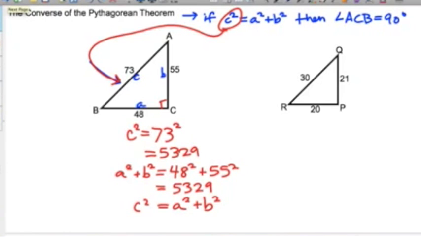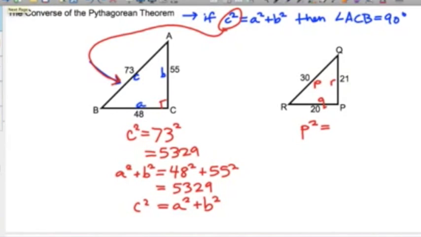Here we go. 30, 21, and 20. So what I'm going to do is label side P as 30, side Q as 20, and side R as 21. Same thing again, this time I'm going to check what P squared is.